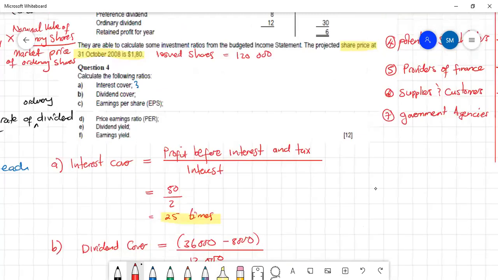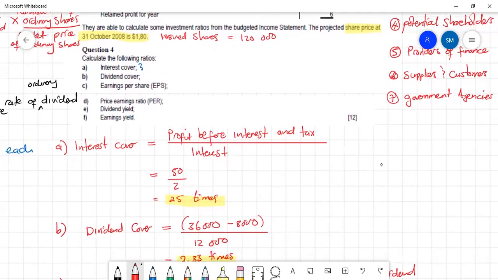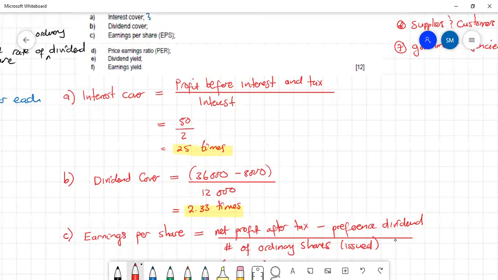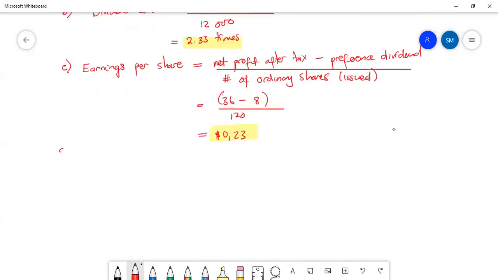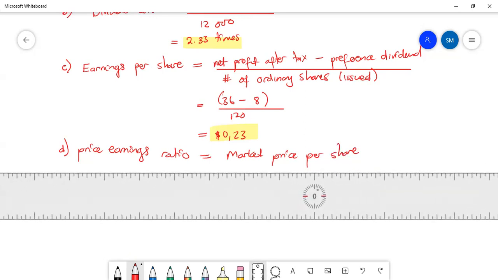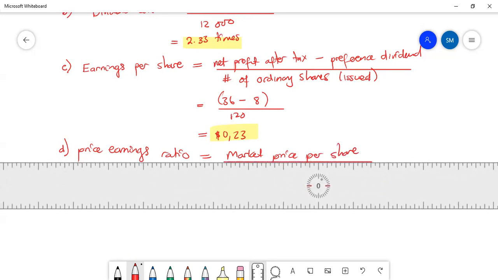Okay, after calculating earnings per share, we've got price earnings ratio. We did this. It's your market price per share divided by your earnings per share.